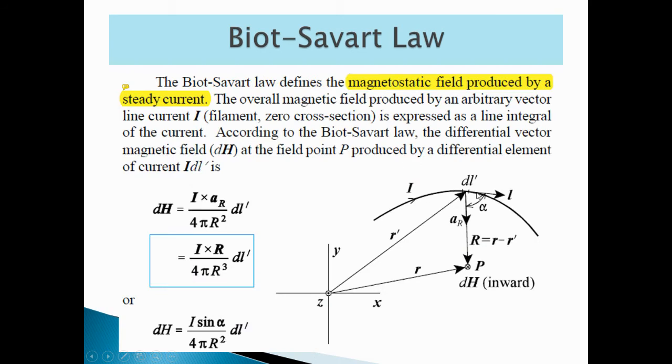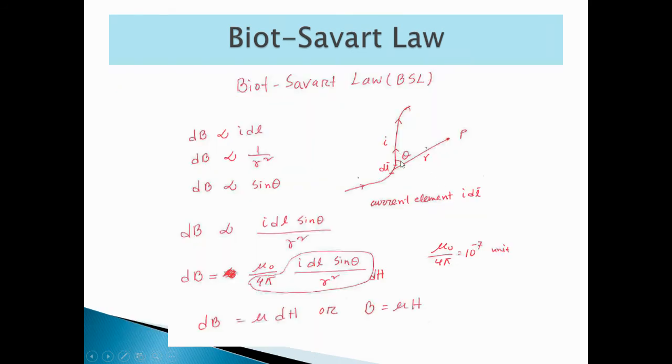Here we said alpha, there we said theta, but it's mostly the same thing. So we have these three identities, which by the law of proportionality we can combine.